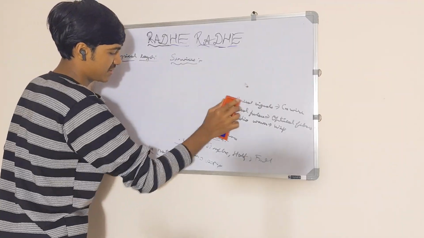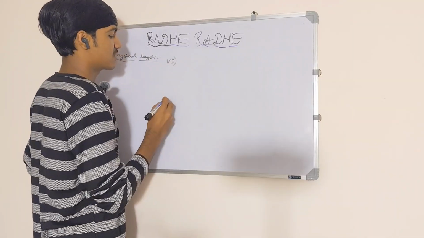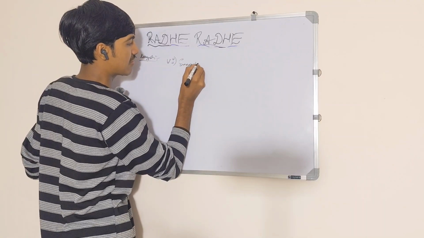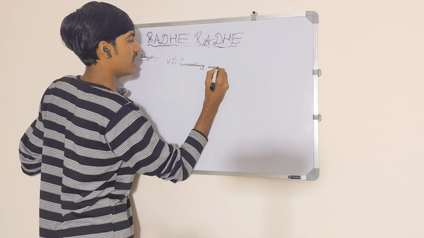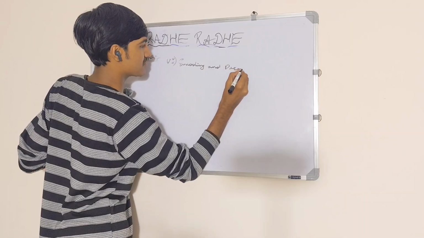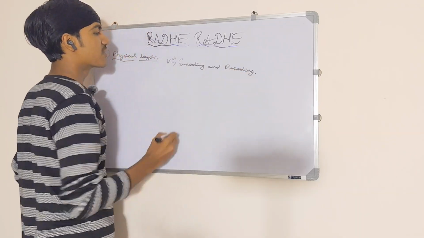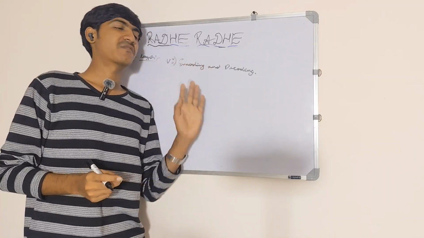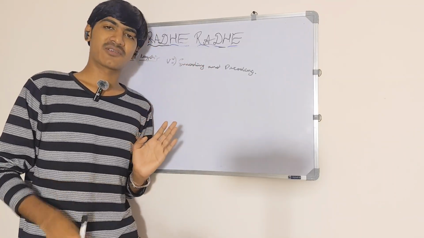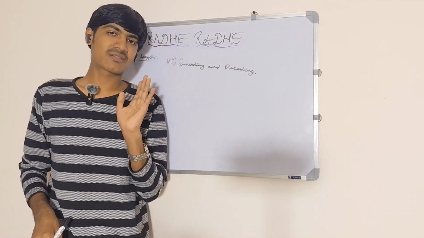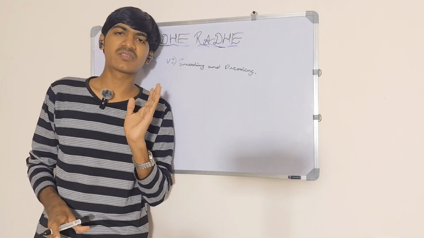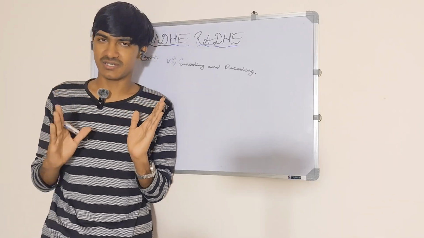The last function, a very important function. In your colleges they ask about it: encoding and decoding. In real life, encoding and decoding is different from physical layer encoding and decoding. In real life, encoding is changing the format of data from one form to another so that two devices can agree on it.